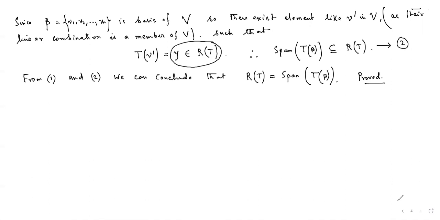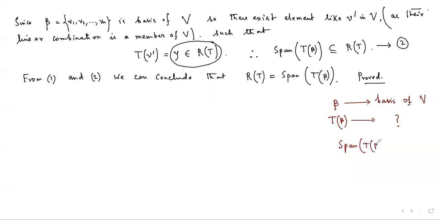And remember one thing, whether T beta is a basis or not is not clearly mentioned. I don't know whether you have noticed it or not. I mentioned in the problem that beta is a basis, a basis set of the vector space V, but whether T beta is a basis or not, I have not mentioned. I'm only saying that it is span of T beta.